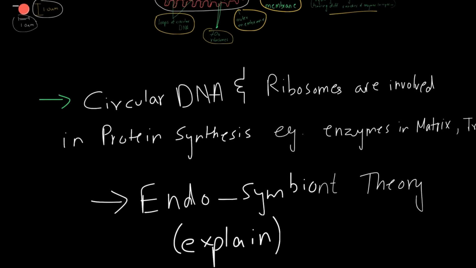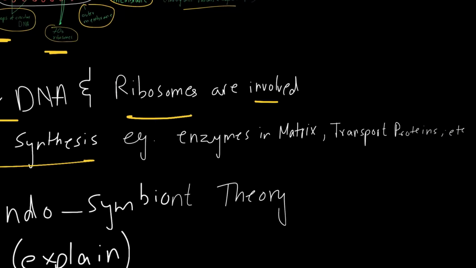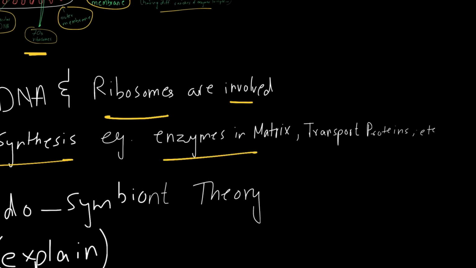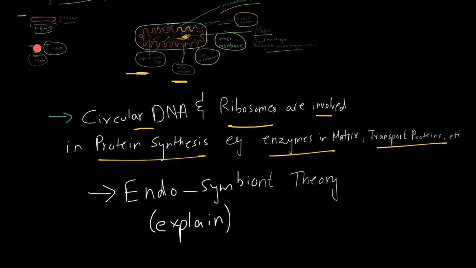The circular DNA and the 70S ribosomes are mainly involved in protein synthesis. I previously mentioned that ribosomes help ER in protein synthesis, right? So this is one way they're involved. For example, enzymes in the matrix and transport proteins are all proteins, right? Enzymes are proteins as well. So that's how they're involved in protein synthesis.